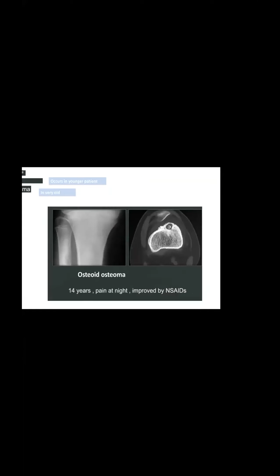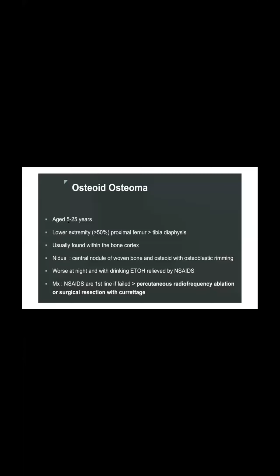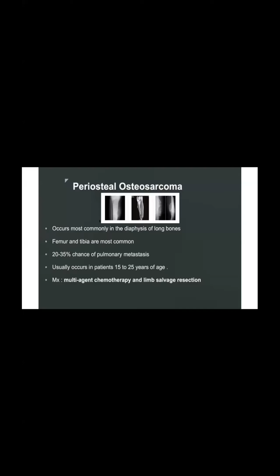So see, osteoma is associated with age 5 to 25 years and is usually found within the bone cortex. We give NSAIDs first, then percutaneous radiofrequency ablation or surgical resection with curettage. Periosteal osteosarcoma, as in Dr. Anjana's case, has the femur and tibia as the most common site, usually occurring at 15 to 25 years of age.